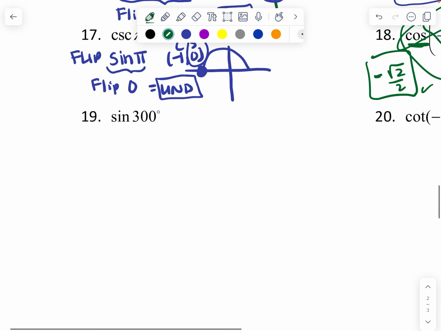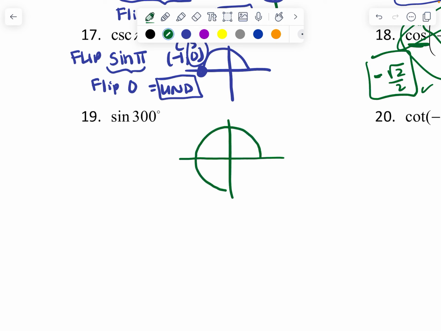Okay, sine of 300, let's draw it out. Okay, so positive angle, so going up, this is 90, 180, 270, 300, somewhere right here. So I am in quadrant 4. Now I just need to find my reference angle, which is formed by the terminal side and the x-axis. Okay, always take the smaller one.